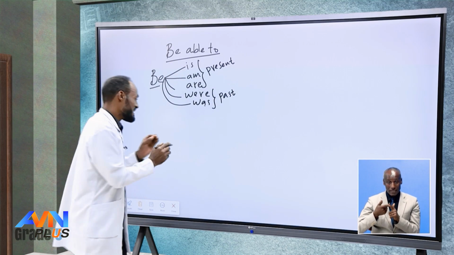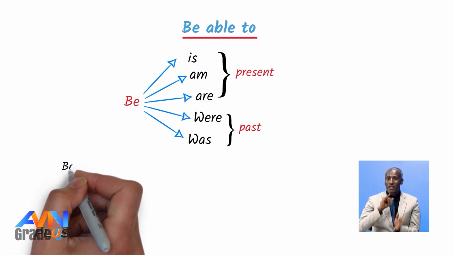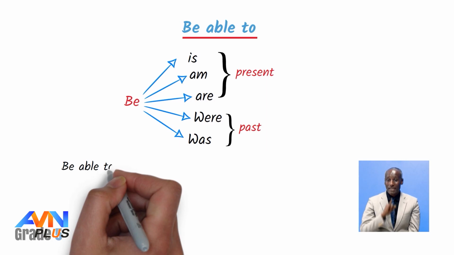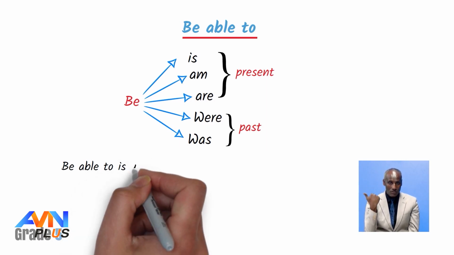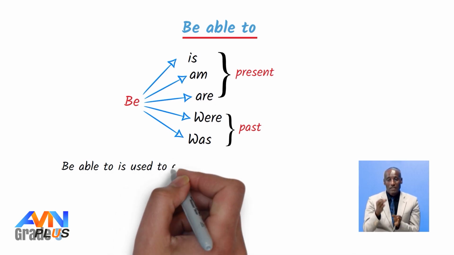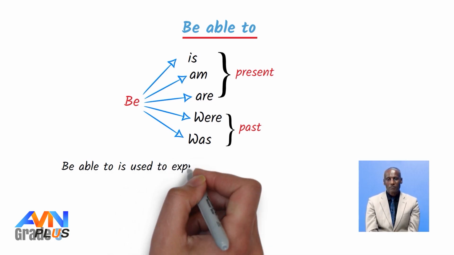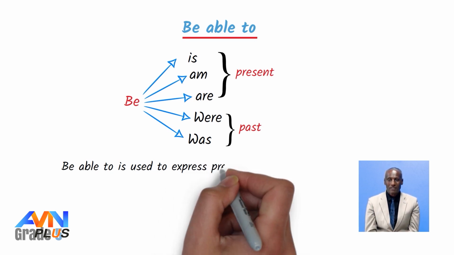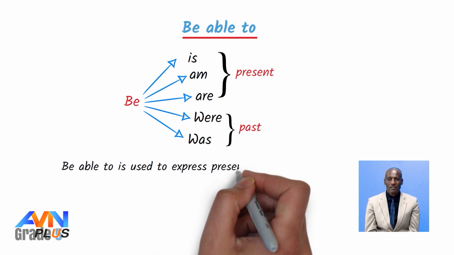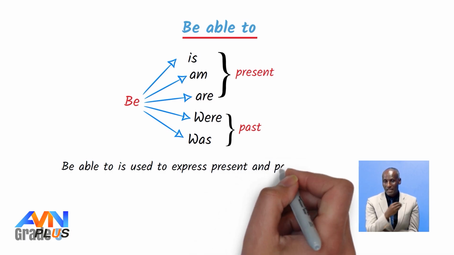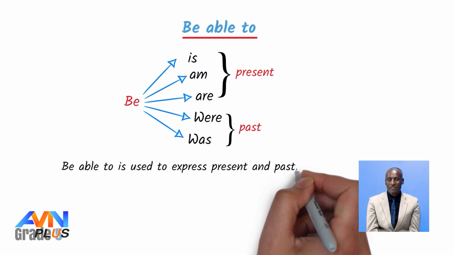Here, be able to is used to express present and past. Bear in mind, we can use them in different senses.